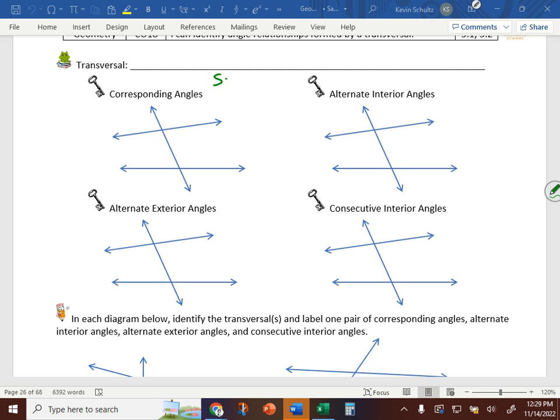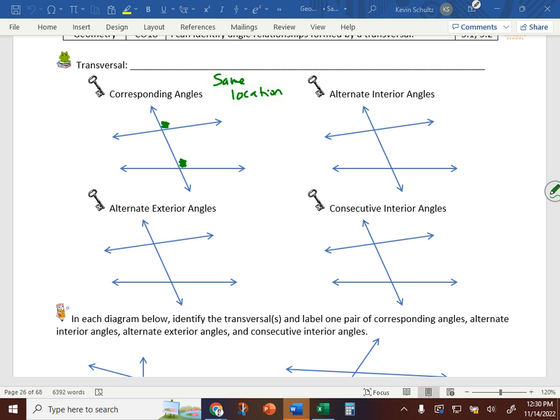Corresponding angles are angles in the same location. Okay? That's kind of the tagline for corresponding angles, same location. So if I identify the upper right angle here, the corresponding angle at my other vertex would be the one in the upper right.